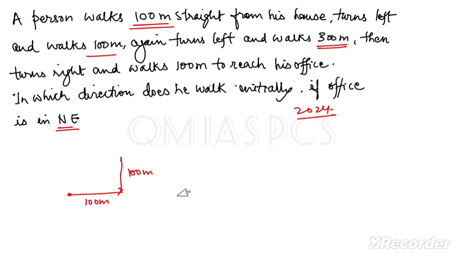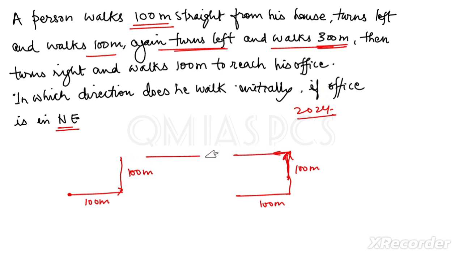Because there is no space, I am saying this is 100. This is the straight line of 100 meters, and then turns left and walks 300. This is the left direction. This is 100 and this is 200, so this is 300 meters.